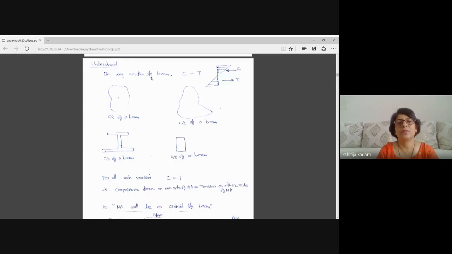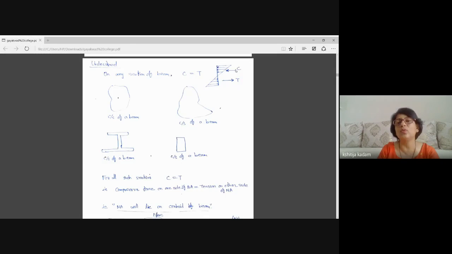That on any section of the beam, the bending stress diagram will be a triangular diagram. Let us say the upper portion is in compression and the lower portion is in tension. So all these stresses on the upper portion above the neutral axis are compressive stresses, and all these below the neutral axis are tensile stresses.